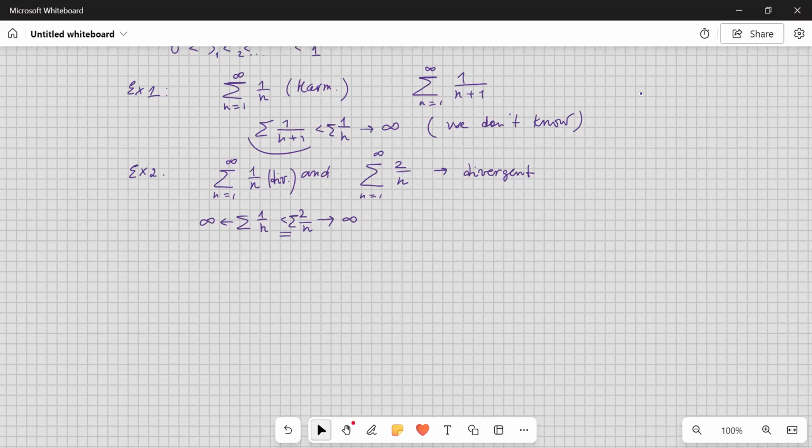The test works the next way. Direct comparison test. Imagine that we have two series, the series of an and the series of bn, with positive terms.